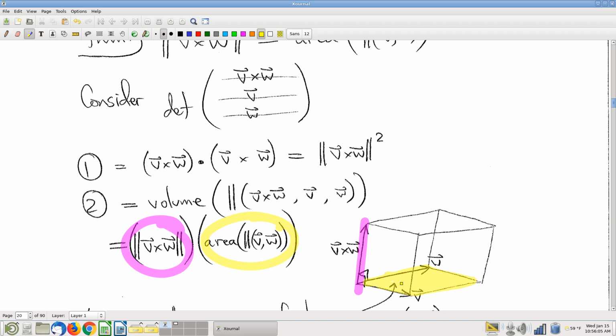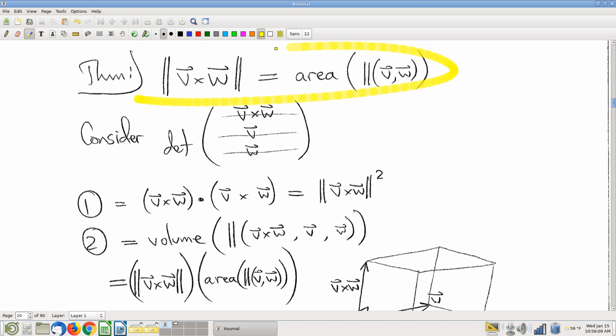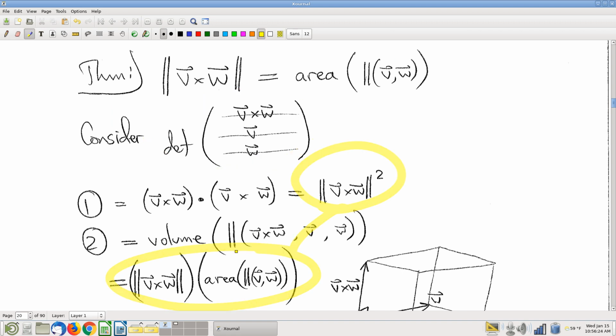Let me remind you what I have done here in my attempt to understand this equation. I have computed something totally different twice. Not clear how that's helpful, but here's the thing. If you compute something twice, your two results have to equal each other.